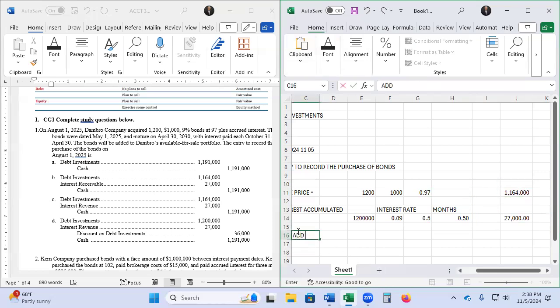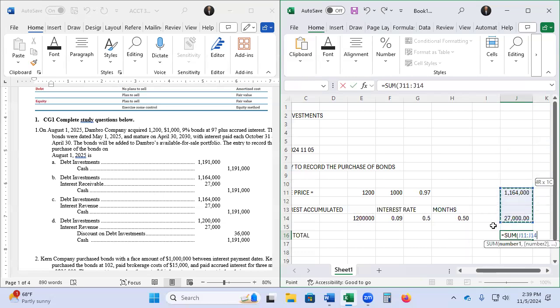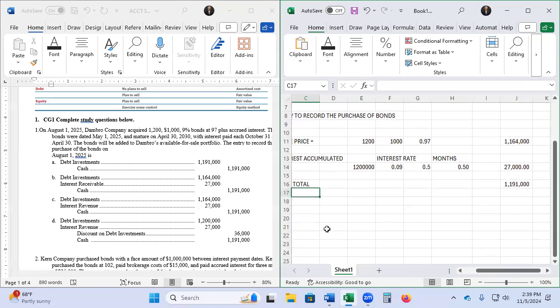So we add that up. And so we would have a debit to investments for 1,191,000. Oh, I'm gonna add that up. I'm sorry.